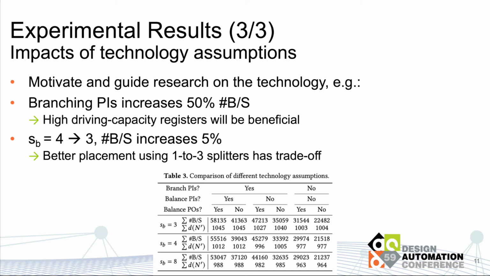Also, when the splitting capacity of buffers decreases from 4 to 3, the number of buffers increases by 5%, but 1 to 3 splitters are better in placement. So researchers and engineers may use this data to decide on the trade-off in circuit design.